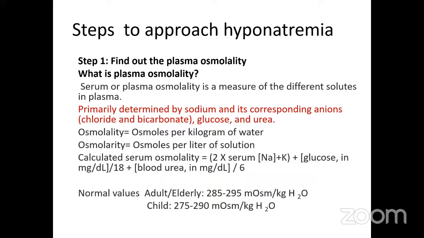I think we discussed this in the last class. In adults and elderly, the osmolality ranges from 285 to 295. In children, it is slightly on the lower side, 275 to 290.